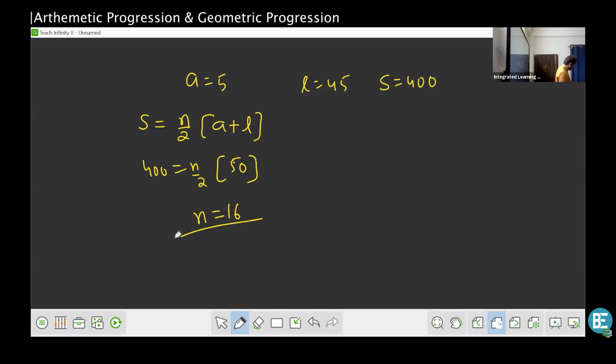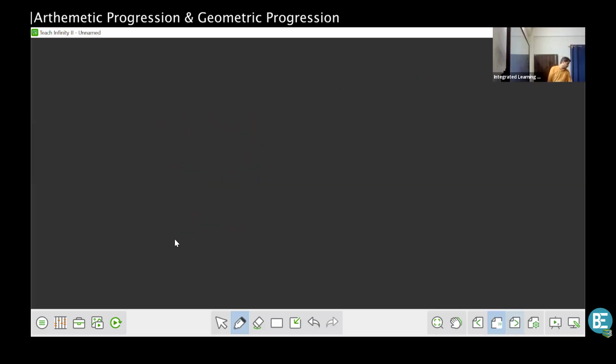Okay. This is a good one. Sum of first 2n terms of an AP, and that AP is 2, 5, 8, and so on.